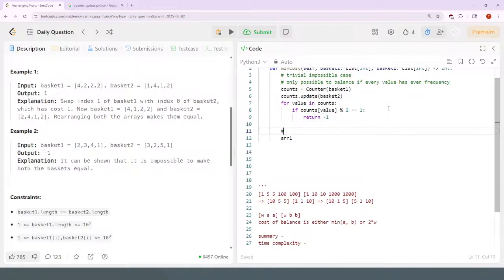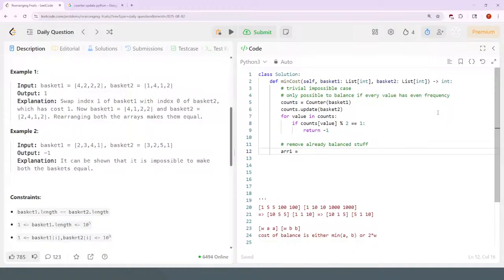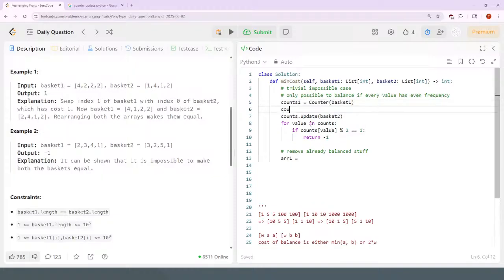So I'll say remove already balanced stuff. Actually, I probably need to keep this separate. Counts 1 and counts 2, because I need to know the exact counts separately here. So counts 2 is equal to Counter of basket 2.